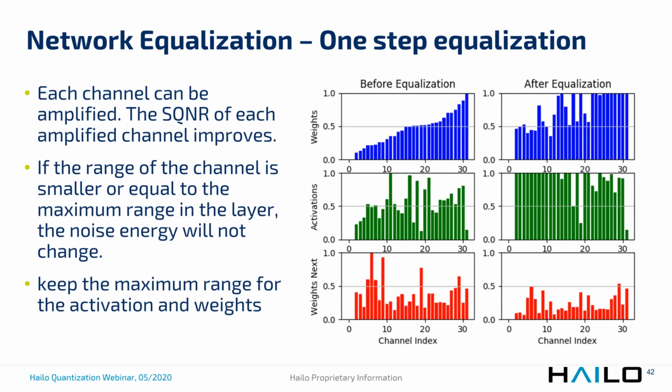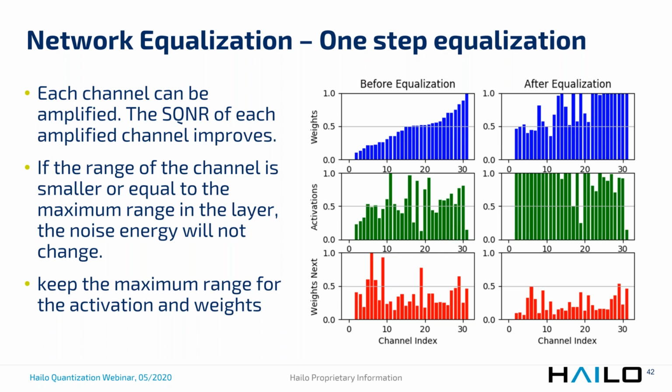Okay, so what's the idea? The idea is exactly as I've illustrated pictorially, but it has some subtle implementation details. We're going to take each channel and amplify it, and try to equalize its dynamic range with the range of the dominant channel.